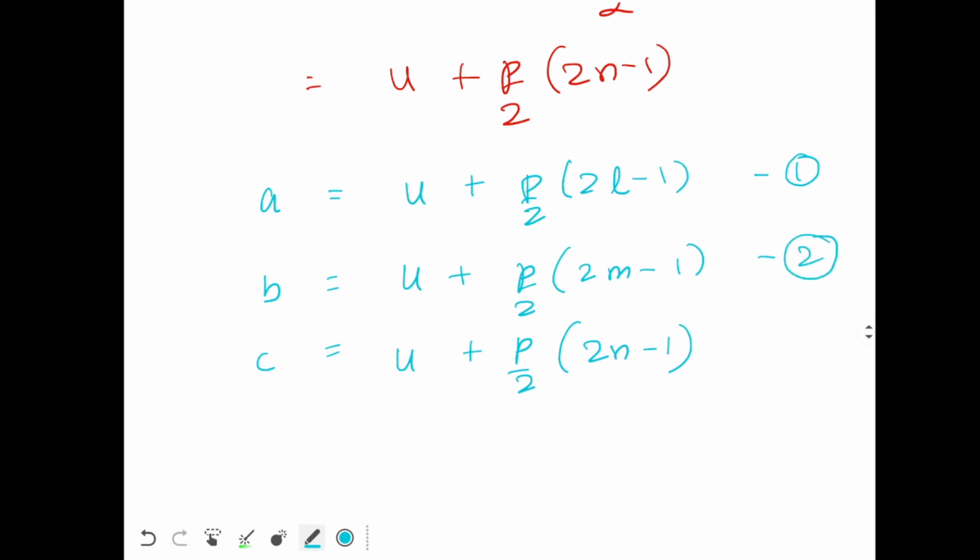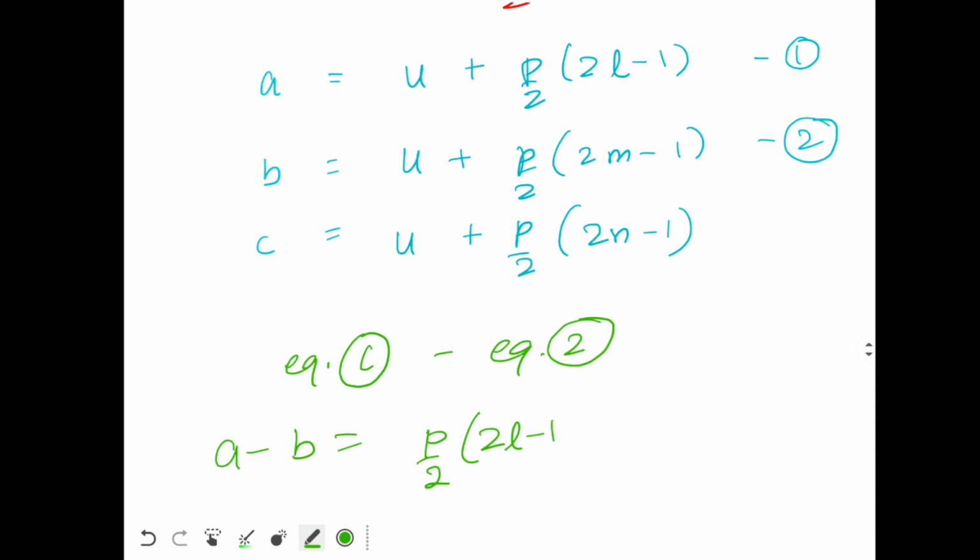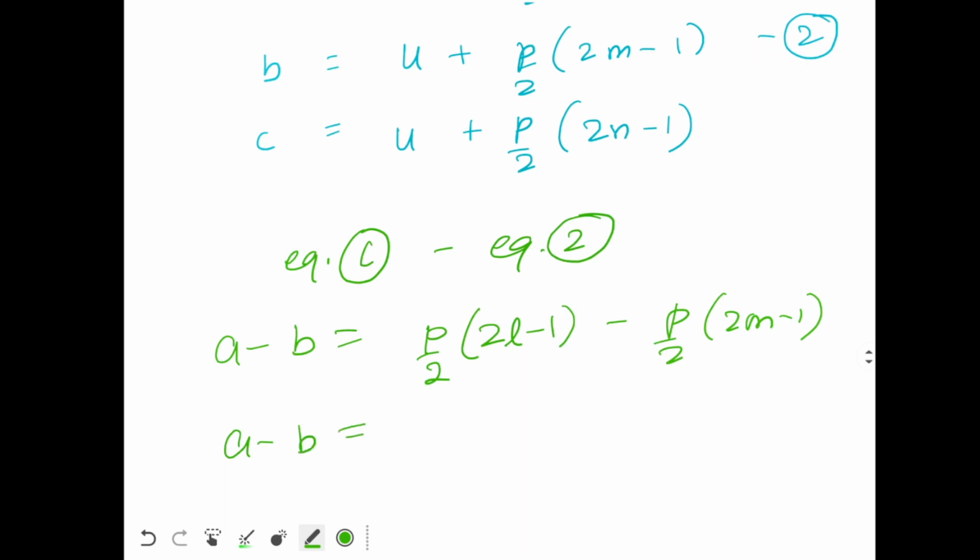All right, so when I subtract equation 1 and 2, equation 1 minus equation 2, I will get a minus b is equal to p by 2 times 2l minus 1 minus p by 2 times 2m minus 1. So a minus b will be equal to p times l minus m.